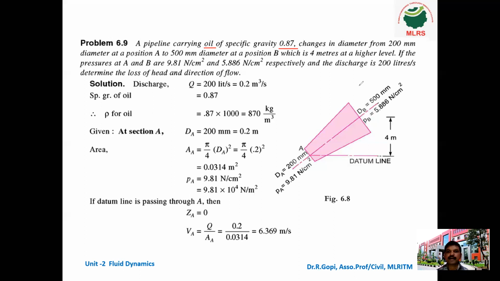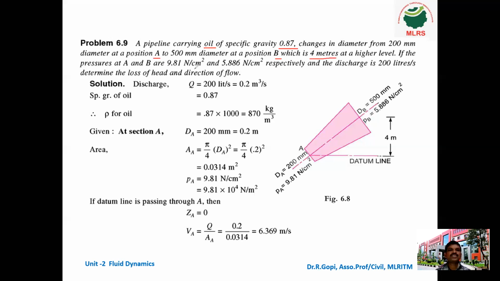At point A, the height from the datum is not given, but for B, the height from the datum is given. It is 4 meter.